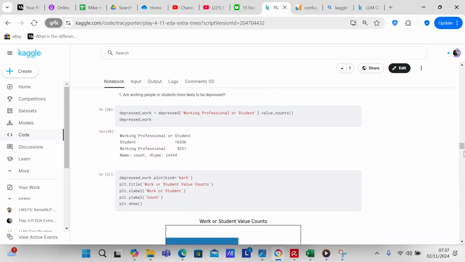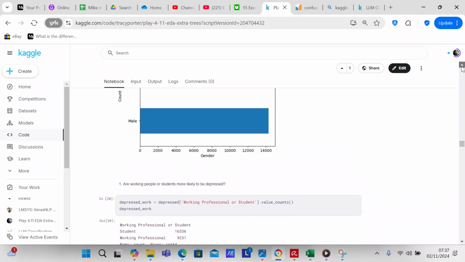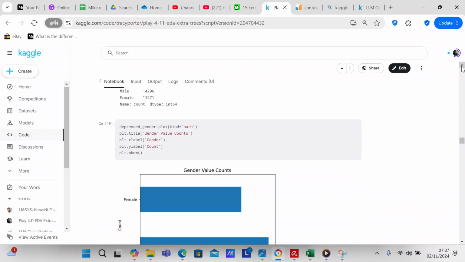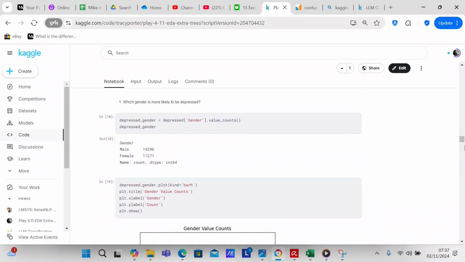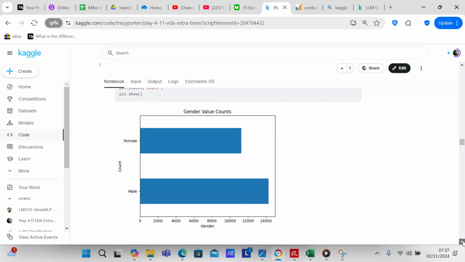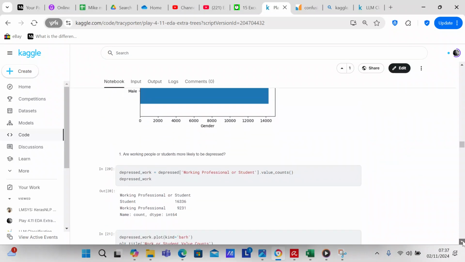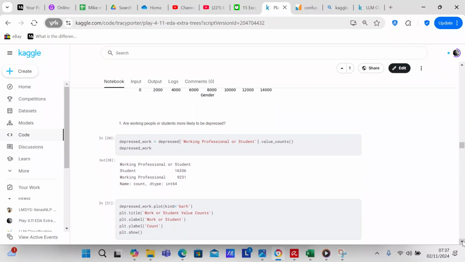And then the next question is, are working people or students more likely to be depressed?